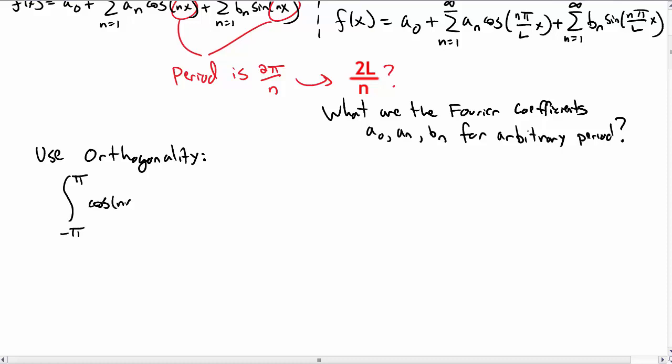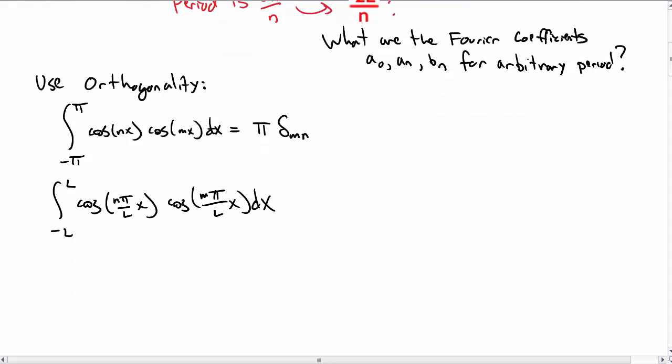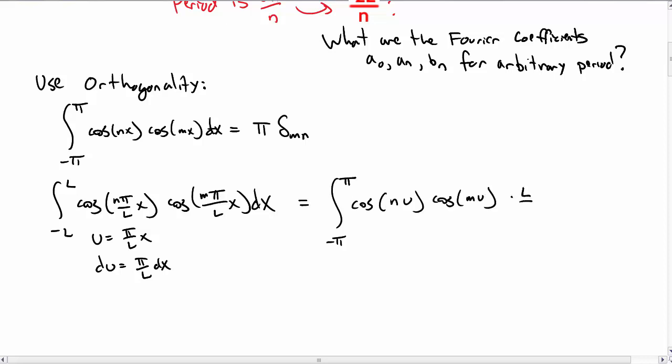So in a previous video, we noticed that the integral from negative pi to pi, cosine of nx, cosine of mx dx, is pi delta mn, where delta mn is the Kronecker delta. What we want here is an integral from negative L to L of cosine of n pi over L x, cosine of m pi over L x dx. And we can make this look like the one above by doing a substitution. And after our substitution, our integral is an integral from negative pi to pi, cosine of nu, cosine of mu times L over pi du.